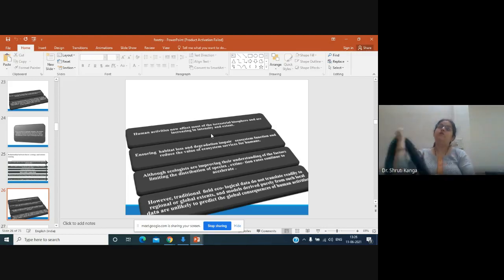We are able to make different models and simulations, through which we can identify areas to protect, areas to flourish, or areas where we have to apply different management strategies as per their intensity of degradation.